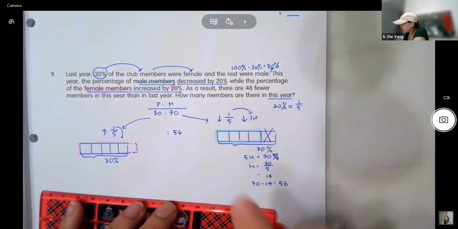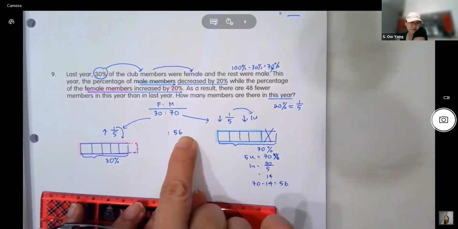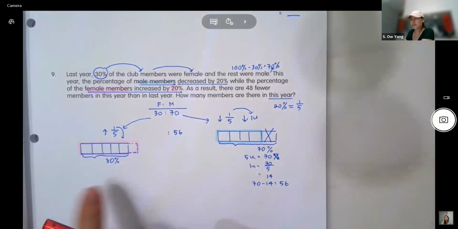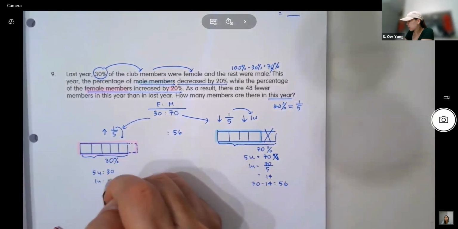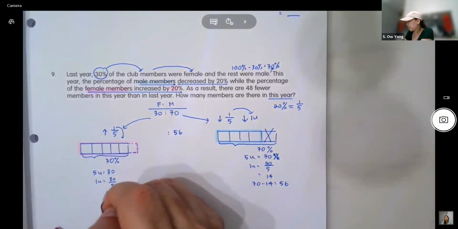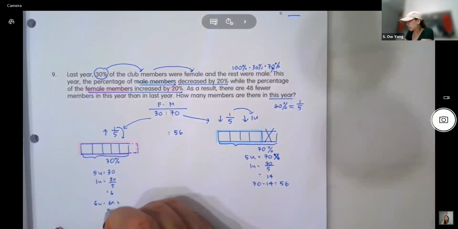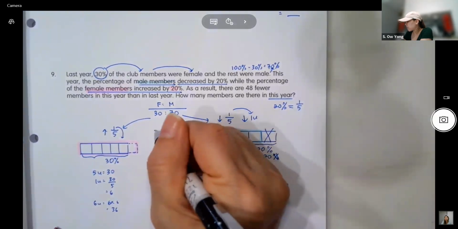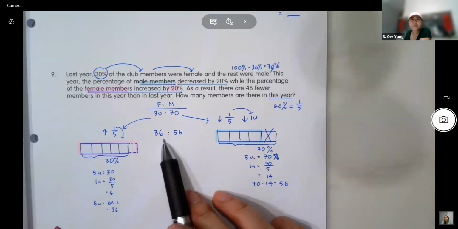Meaning now the number of male members is 56%. For this side, female, same thing. 30 divided by 5, which is 6. 6 units is 6 times 6, which is 36. So the 36 I put back here for comparison.